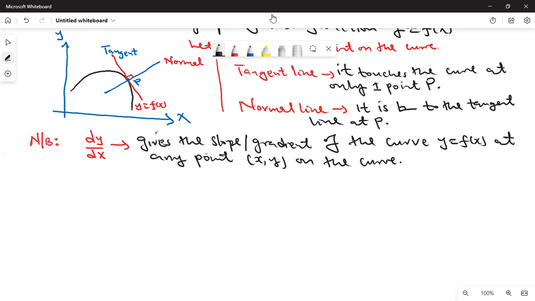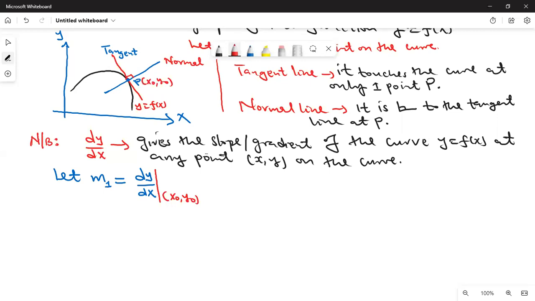You will now write, let m1 be equal to dy/dx at the point x naught, y naught, that is point P. So when you substitute the value of that coordinate, you get a specific value for your gradient.